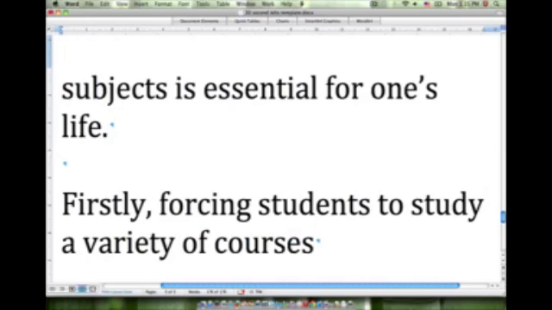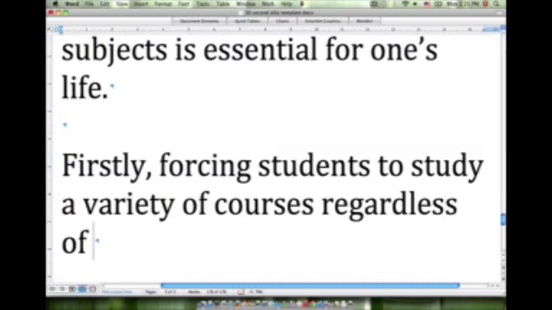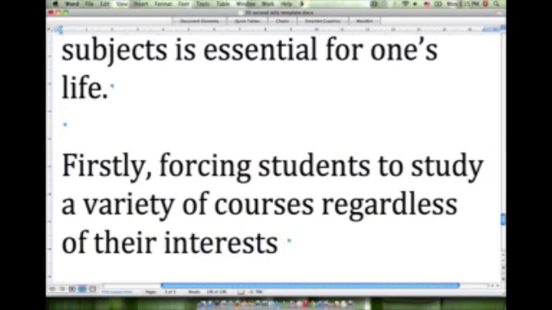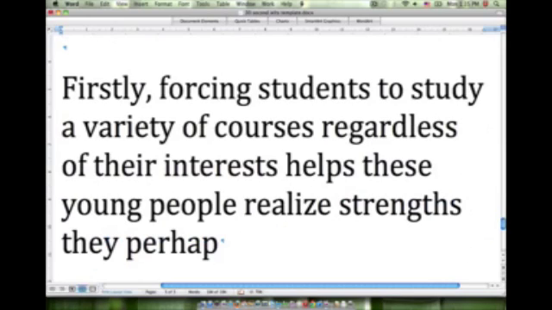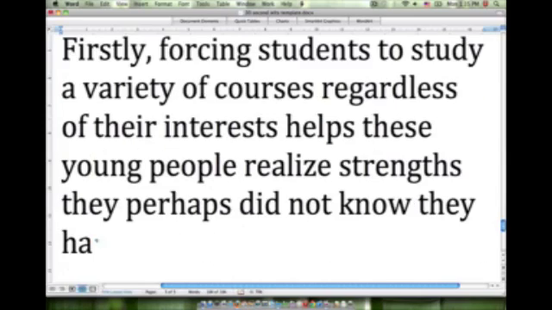A variety of courses, regardless of their interests, helps these young people realize strengths they perhaps did not know they had.